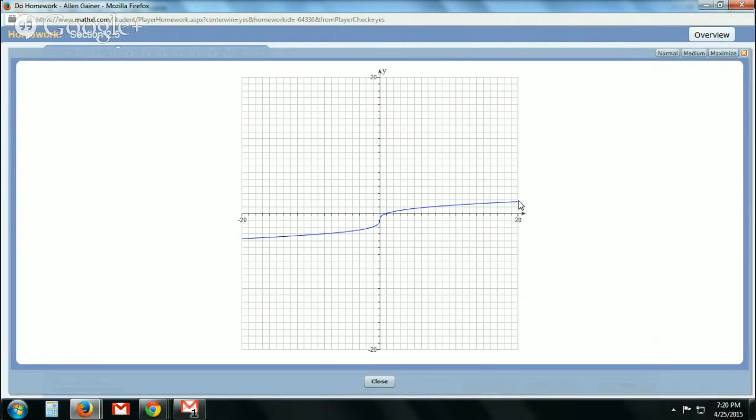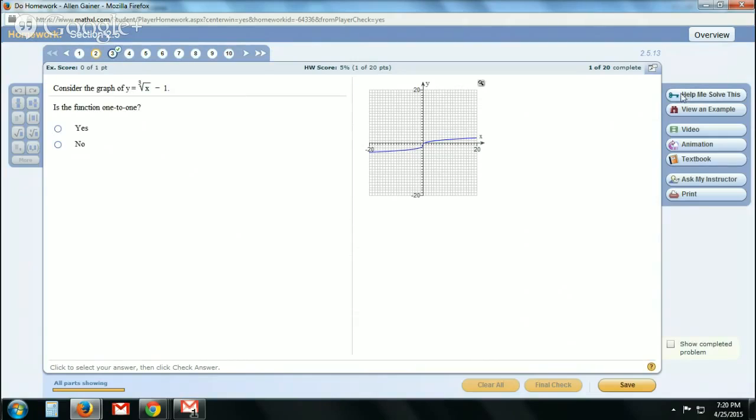So even though this one's a little bit hard to see, when you do horizontal lines, it would only cut one time no matter where you do that horizontal line. So this one passes the vertical line test, making it a function, and the horizontal line test, saying that it is a one-to-one function. That means this one is a one-to-one function.